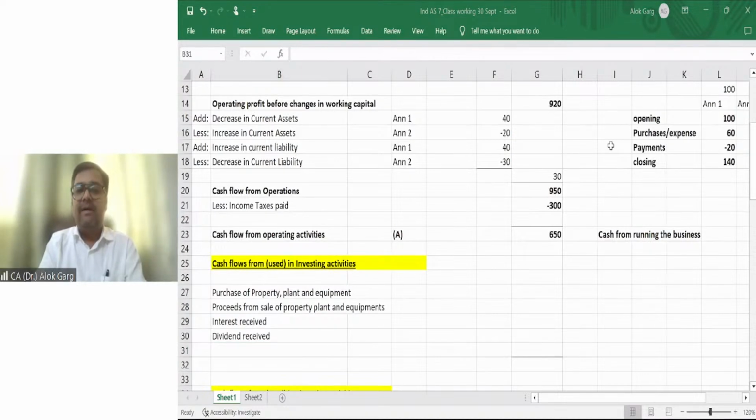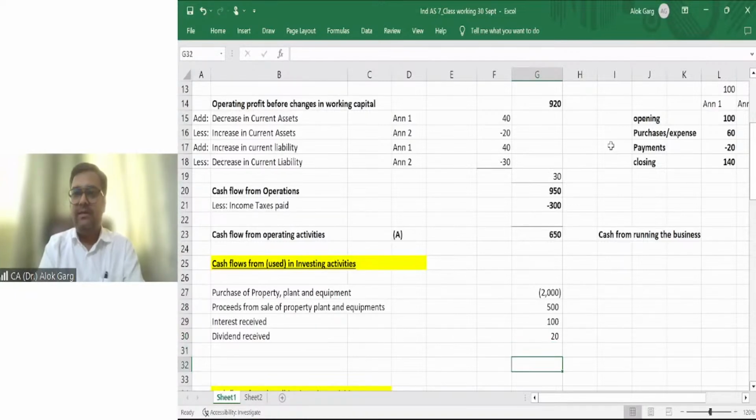So for example, the company has invested 2000 crores in the fixed asset. The company has also sold the old PPE as scrap for 500 crores, let's say. The company has received interest of 100 crores. Positive. The company has received dividend of 20 crore.